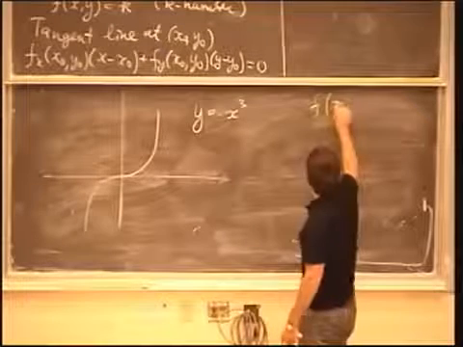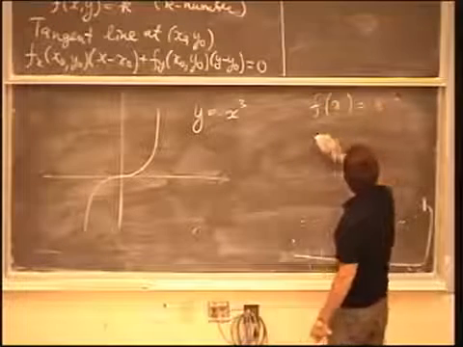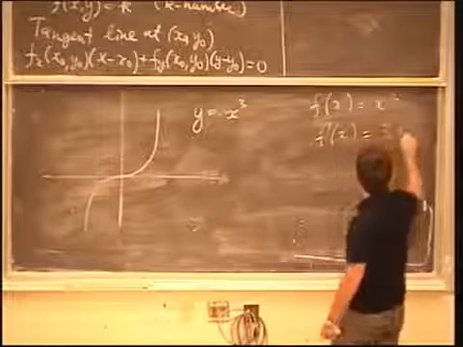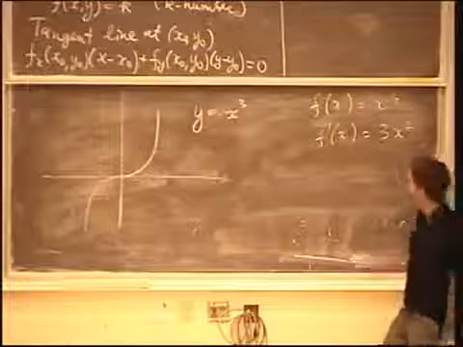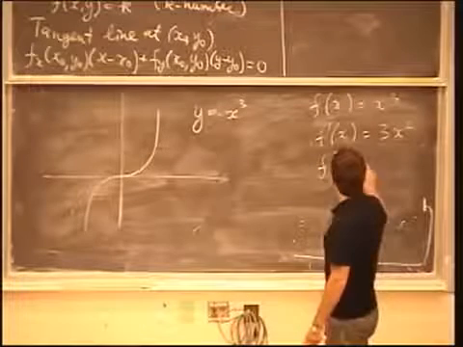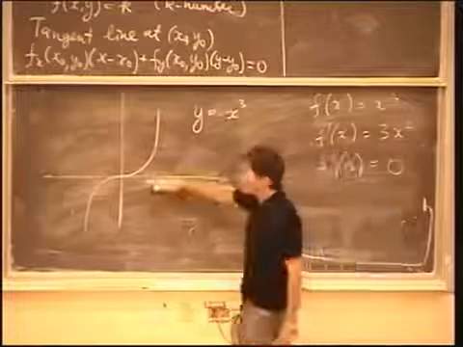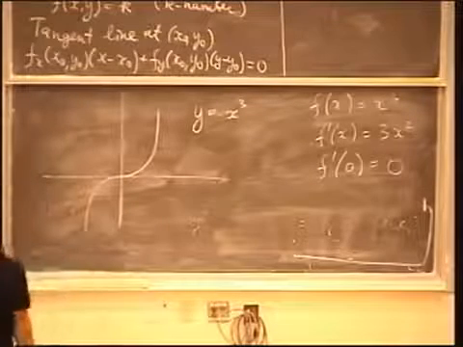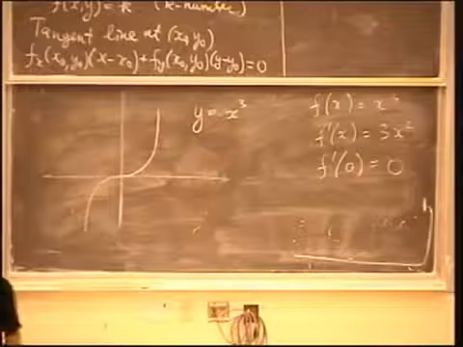So f of x is x cubed. f prime is 3x squared. And so f prime of 0 is 0. Which we see, right? We do see that the slope at 0 is 0.